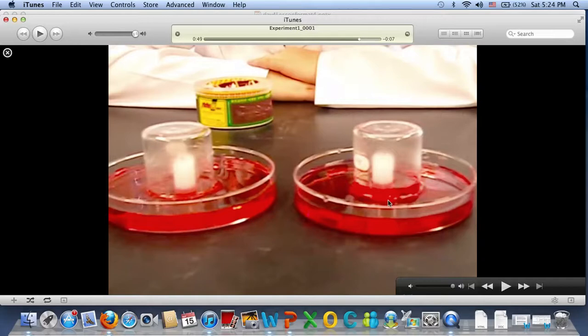Okay, so you also possibly have some misconception. So when you show this activity to your students, they are also going to be disturbed. Why did it happen? I thought it's because of oxygen, but actually it's not about oxygen. It's about temperature.